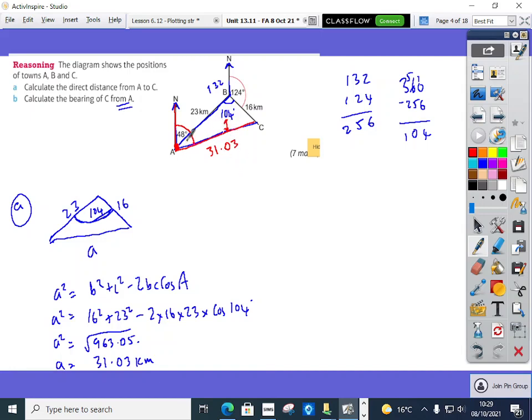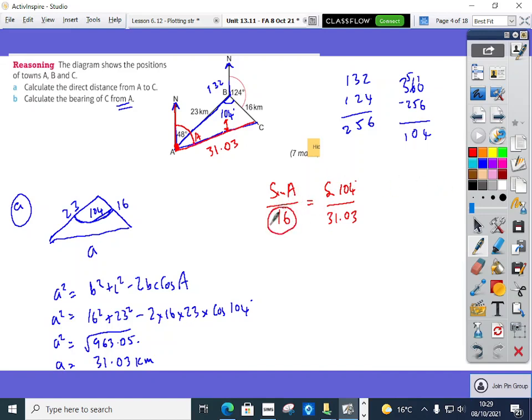If I'm missing the angle, I'm going to call it A. So I've got sine A over the opposite side, which is 16, and that's going to be the same as sine of 104 degrees over the opposite side, which is 31.03. Now all I need to do is take the 16 to the other side.